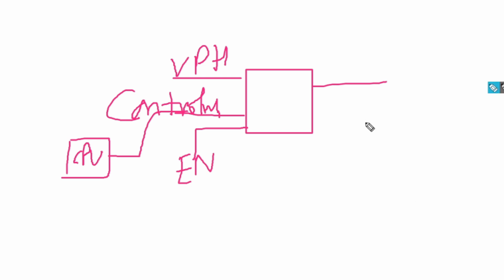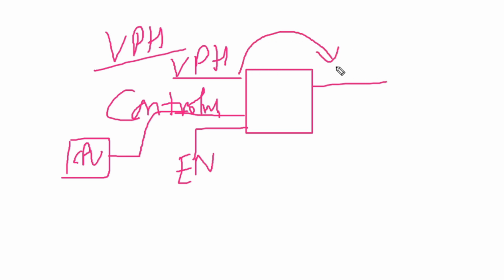If the IC already has a voltage on the pin, why does it not work? Suppose in this case, for example, VPH is always present. This light IC produces output according only to the VPH, right? The light glows.